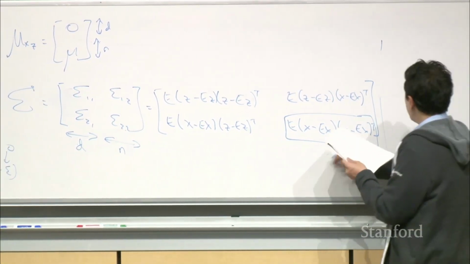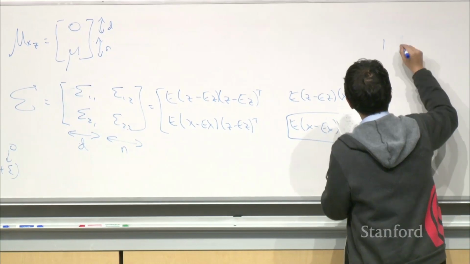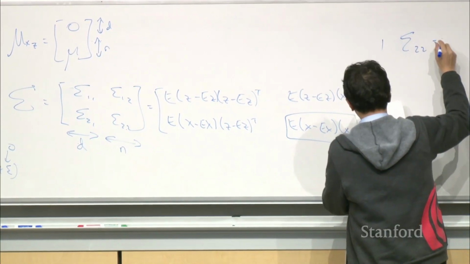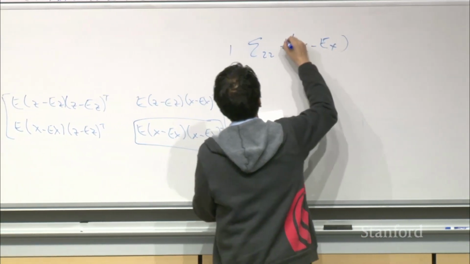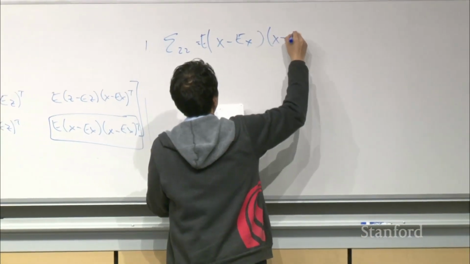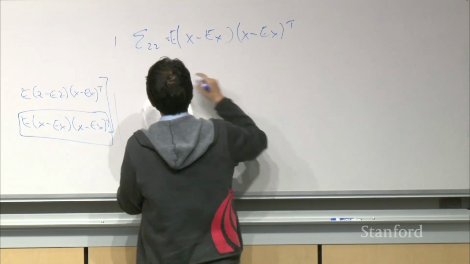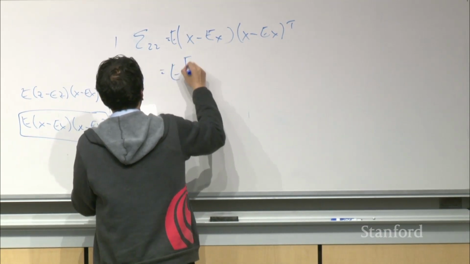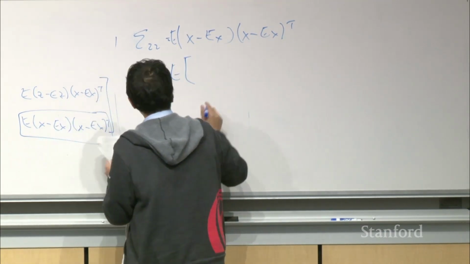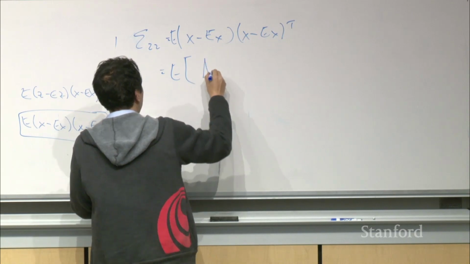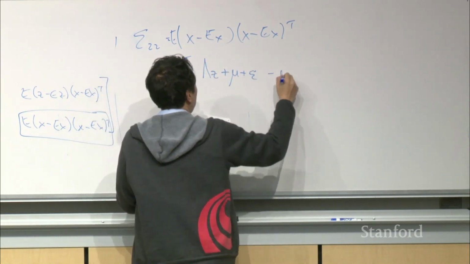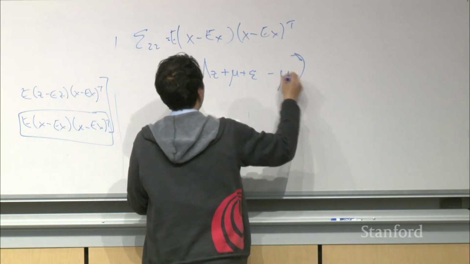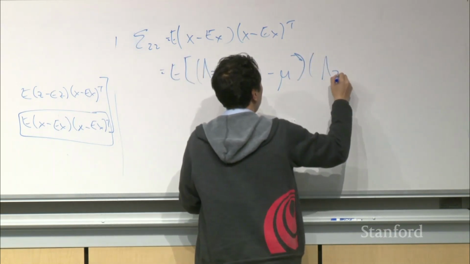So the way you derive this block is that you say sigma 22 is the expected value of (x minus Ex)(x minus Ex) transpose. If I plug in the definition of x, that would be lambda z plus mu plus epsilon, minus mu, times the same thing.